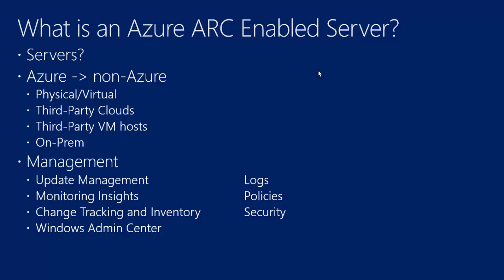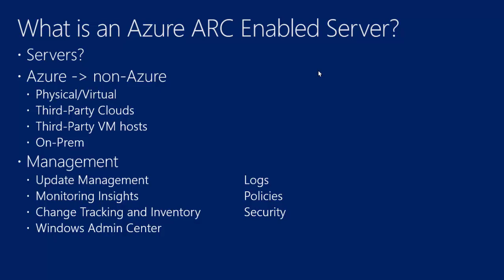So in the next part, the Azure to the non-Azure. We talked about this in the introduction session, but just to reiterate, the whole point of Azure Arc is to take the control plane that exists in Azure and extend it to devices, to servers in this case, that exist outside of Azure.